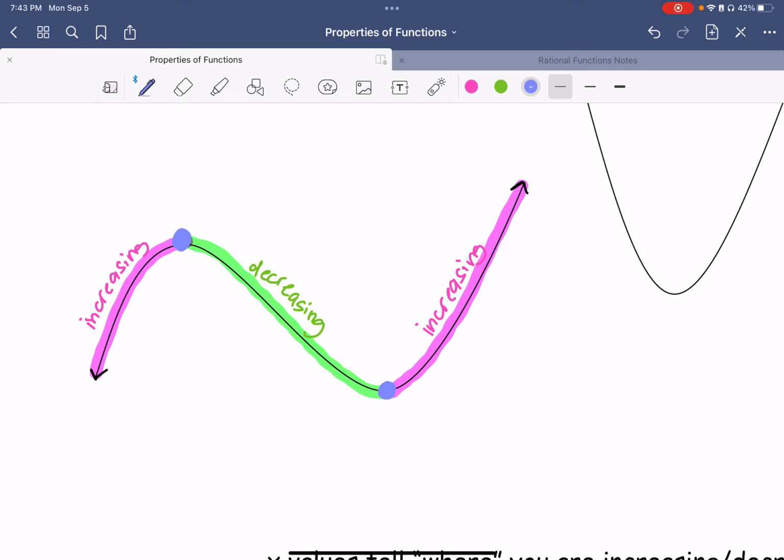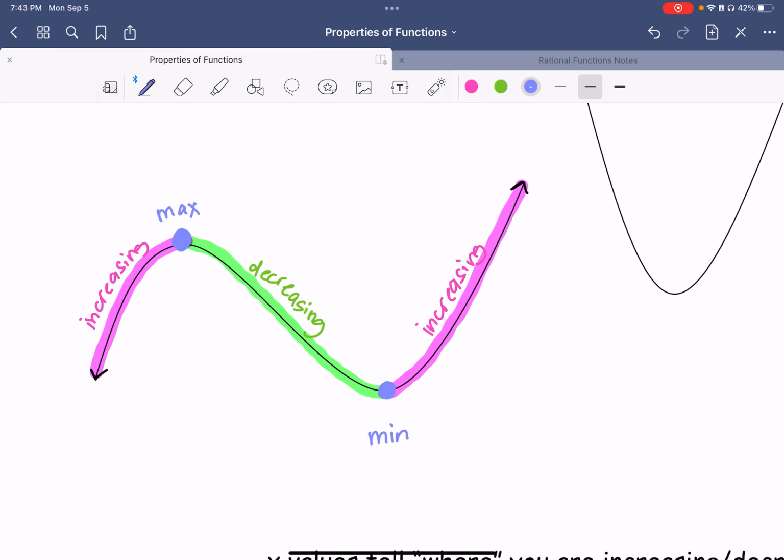Now there are two different types of extrema. There's maximums and minimums, okay? So there's the little hills and the valleys that you get when you're drawing your graph, okay? So again, the little hills or the little valleys. So this will be a type of maximum because at the top, and this one that's at the bottom will be a type of minimum. Now there are two different types of maximums and minimums.